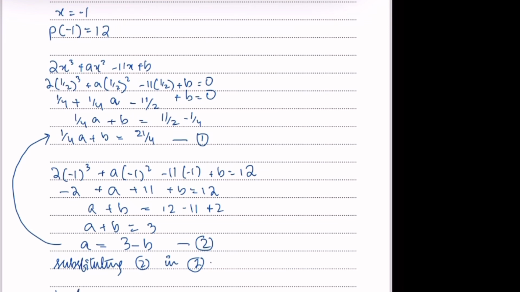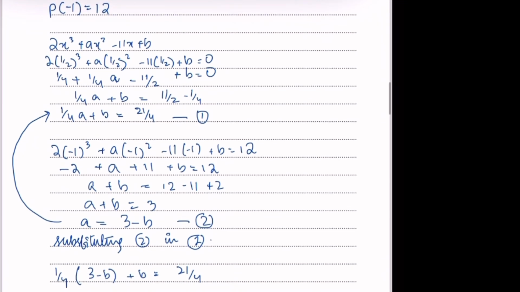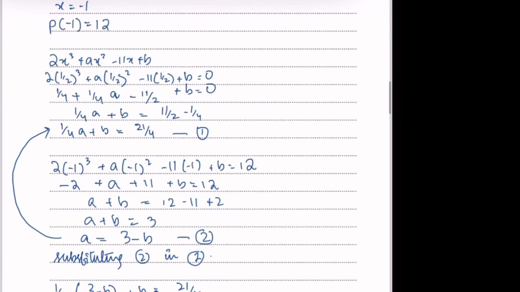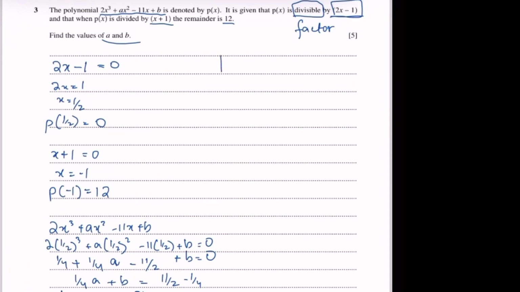1 upon 4 into 3 minus b plus b is equal to 21 upon 4. So this is 3 upon 4 minus 1 upon 4b plus b is equal to 21 upon 4. Let's continue here.